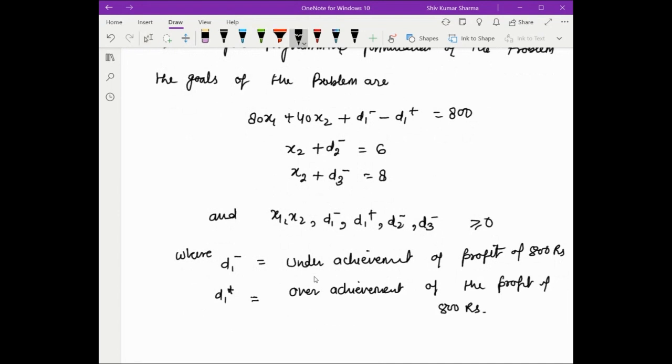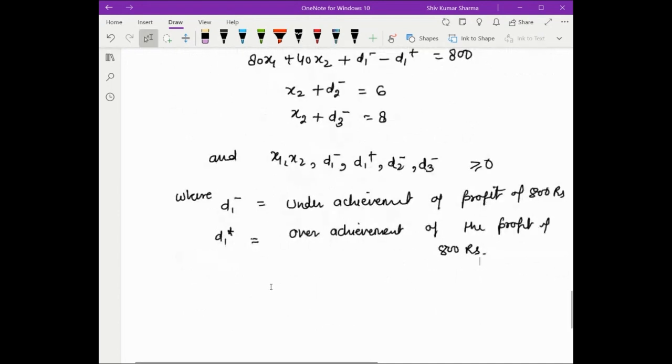So maybe we gain more profit, more than 800 rupees.